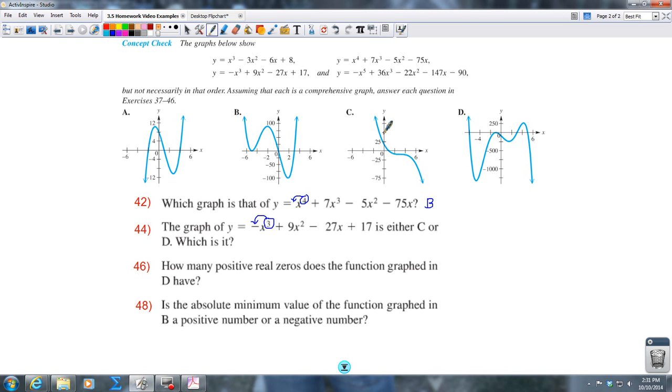When we get to here, it looks like there's not much of any local extrema going on. So that kind of fits the rule. The rule says at most there can be 1 less than your highest exponent, which would be 2 in this case. Over here, this has 1, 2, 3, 4 local extrema. Because it has 4, it doesn't fit the rule. It says you can have at most 1 less than your degree. So the only one that fits that situation is choice C.